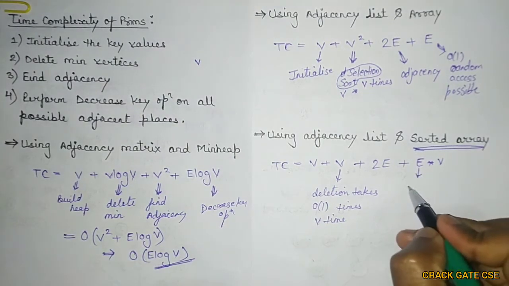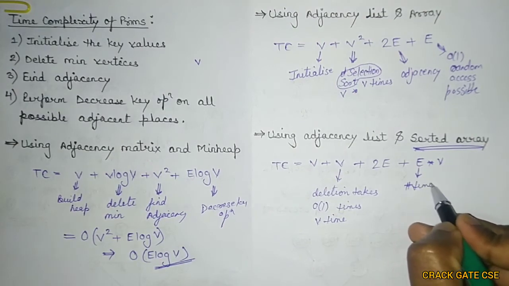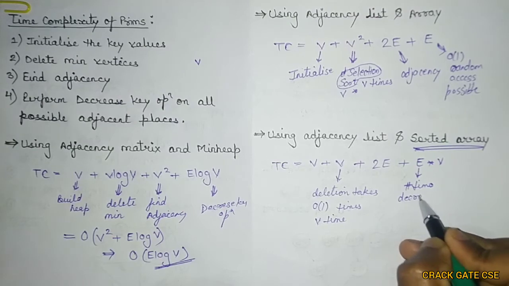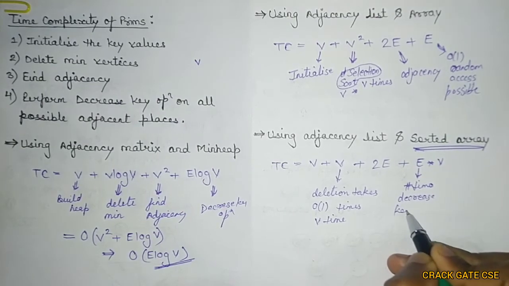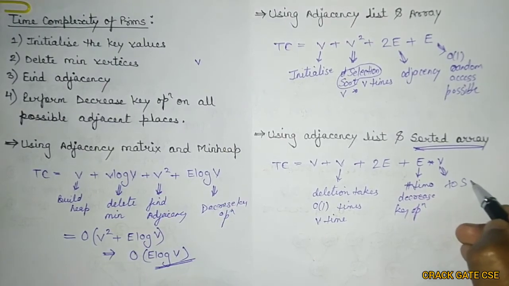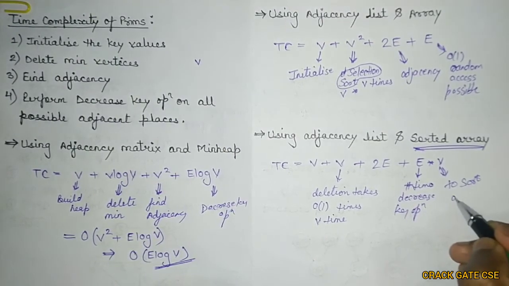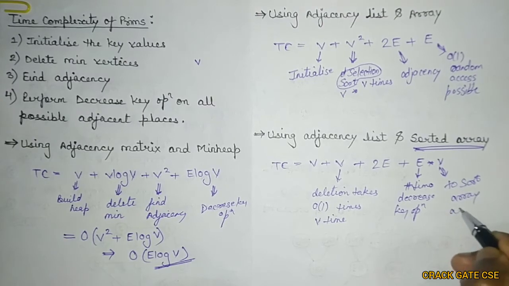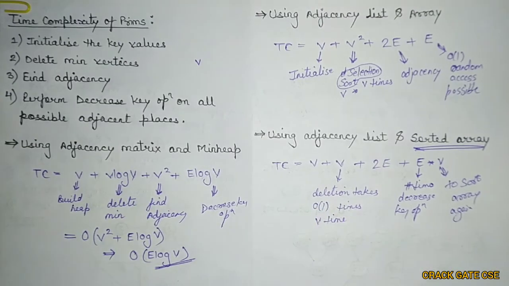So this E is for the number of times the decrease key operation is performed, and this V is to sort the array again. So that's how we can find the time complexity using adjacency list and sorted array.